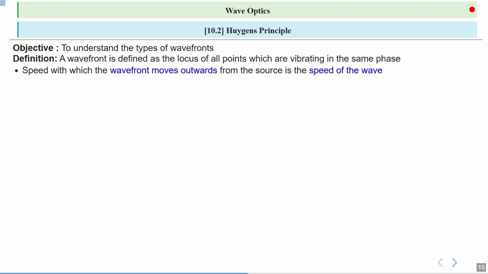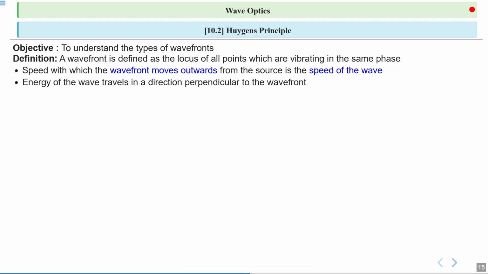So now consider how wavefronts move. The speed at which the wavefront expands outwards from the source is known as the speed of the wave. This is an important concept because it helps us quantify how quickly the wave energy is being transmitted through the medium. It's also essential to note that the energy of the wave travels in a direction perpendicular to the wavefront.